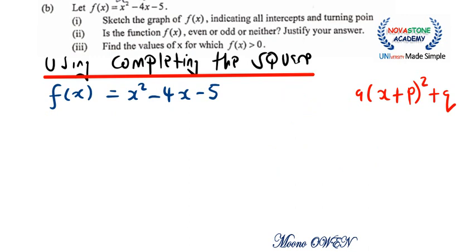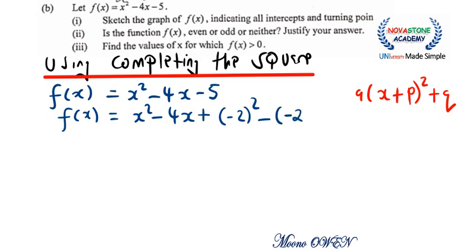So I'm going to have f of x will be equals to x squared minus 4x first. Then I'm going to have plus minus 2 squared, minus again minus 2 squared, minus 5.